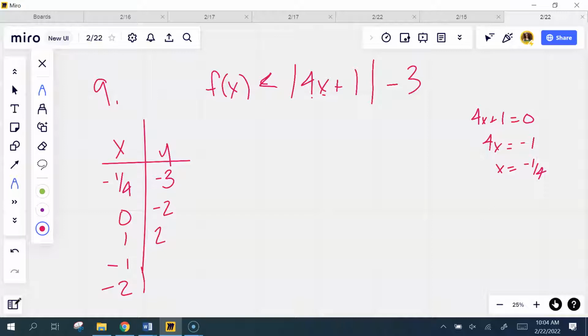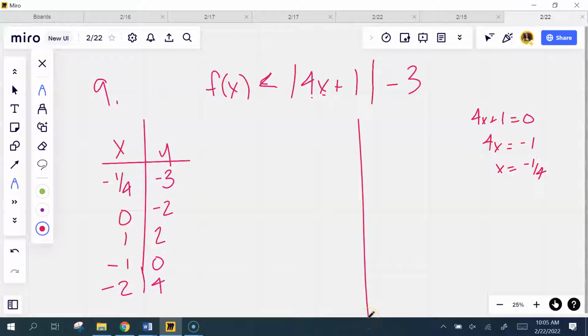If I plug in negative 1, I get negative 4 plus 1, which is negative 3, oops, that would become positive 3, and then 3 minus 3 would be 0. And if I plug in negative 2, I get negative 8 plus 1, which is negative 7. Absolute value of negative 7 is 7, minus 3 is 4. Are those the same points y'all got?